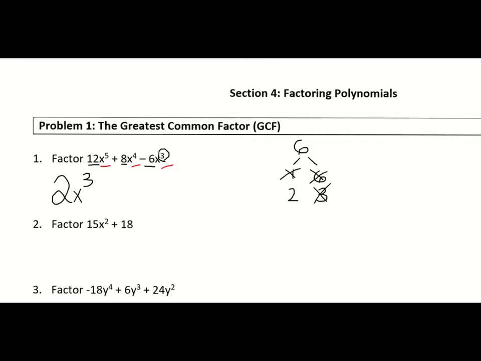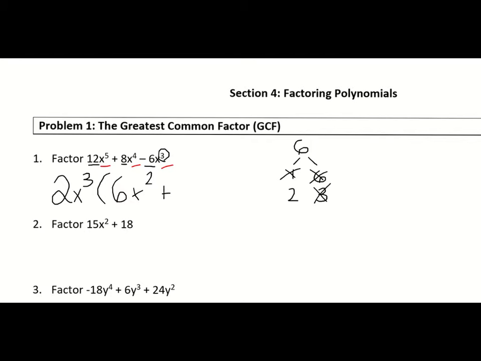Once I have factored out 2x cubed, I'm going to divide everything that's left and write it in parentheses. So 12 divided by 2 is 6. X to the 5th, when I took out x to the 3rd, would leave me with x squared.